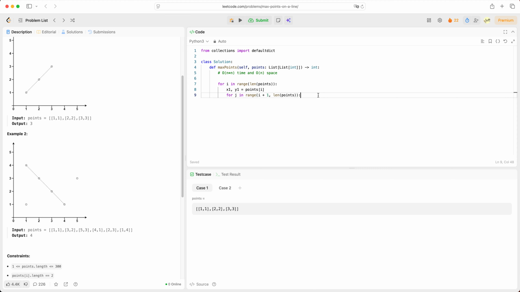Because if we calculate the slope from this point to that point, once we reach that point, we don't have to calculate from that point to this point, right? It doesn't matter because we've already calculated that line, how many points lie on that line between those 2 points. But the runtime complexity will still be n times n. And so here we have the point with the coordinates x2 and y2.